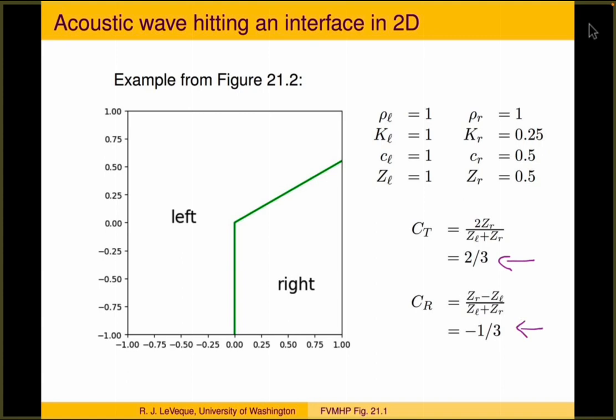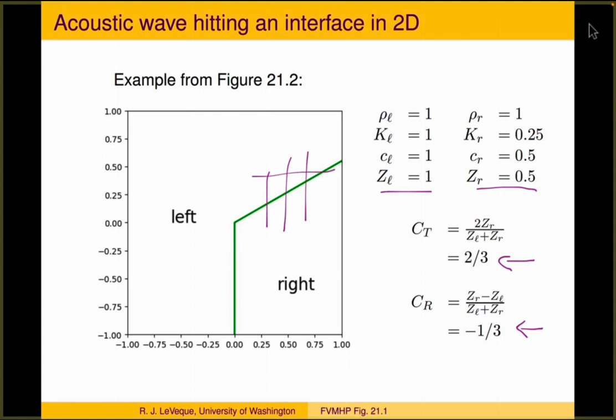In this case, ZR is less than ZL. So we end up with a negative value for the reflection coefficient, and the pressure gets negated in the reflected wave. And I've chosen an interface here between the left and right states that isn't aligned with our Cartesian grid.